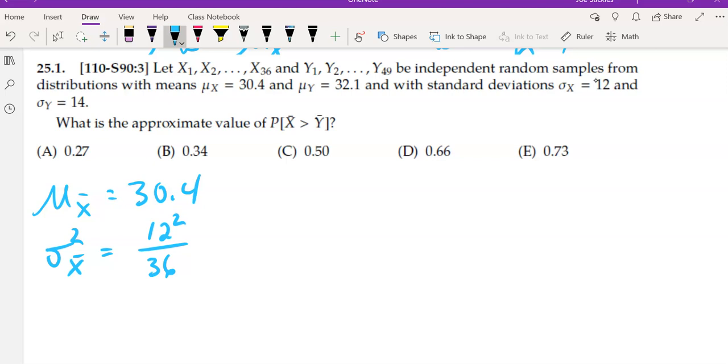And then the central limit theorem says that the variance of the mean is the variance of the population, the underlying distribution, divided by the number in your sample. So 144 divided by 36 is 4. I'm guessing they made it a perfect square.